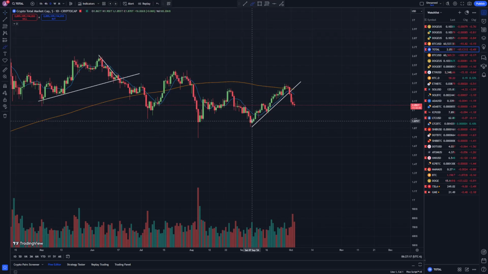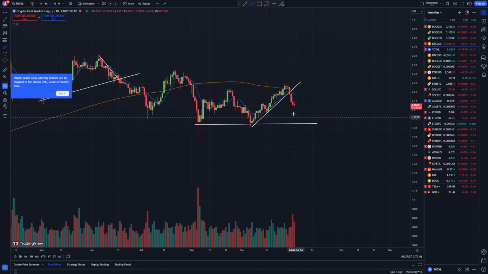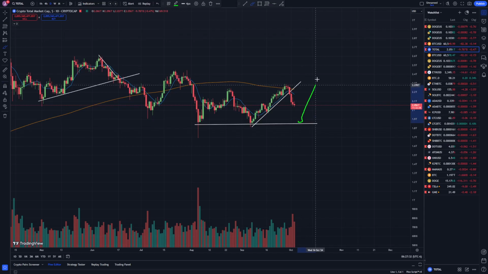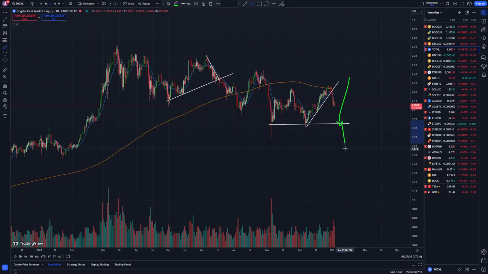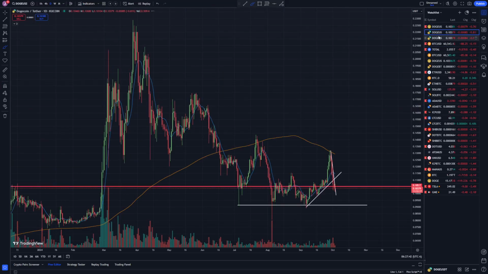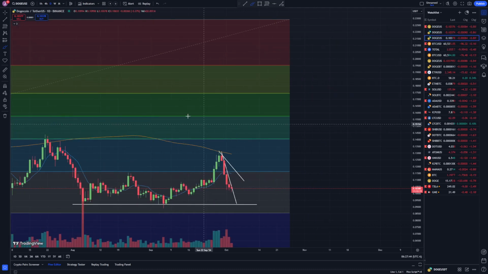Like I said, we have support right here, and it kind of looks like Dogecoin. I'd be looking at this support right here to see if it comes down and gets a bounce, and then maybe we can bounce out of that. If not, then we might be going lower, but we'll cross that bridge when we get there. I do think it looks like it has some room to go down though. Same with Dogecoin. So yeah, let's see.